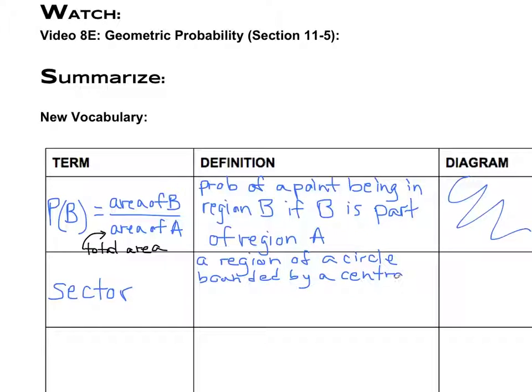Remember, that's an angle that has its vertex at the center of a circle, and its intercepted arc, or in other words, the arc that is cutting off the part of the circle that's cut off by the central angle. I like to call this, you guys, a pizza slice, because that's what it looks like to me.